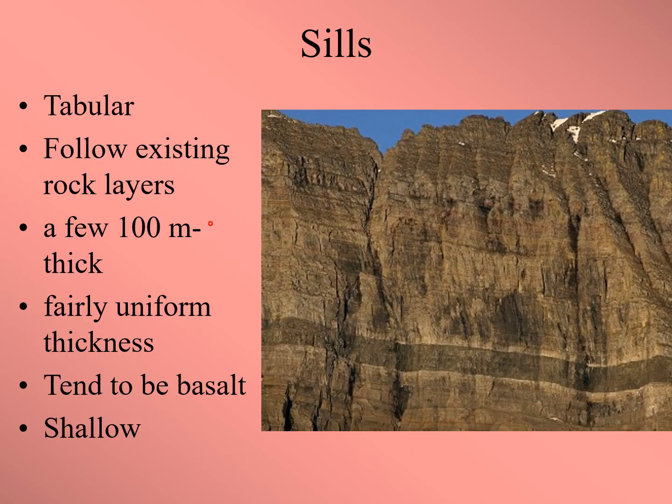And then again, we have sills, also tabular, but they follow the existing rock layers. A few are about 100 meters thick. Generally, they're much thinner. And what they're doing is they're exploiting the weakness between different sedimentary layers. So you might have a layer of limestone and then a layer of sandstone on top of that.